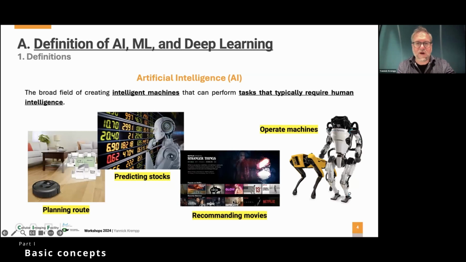We can think of AI with intelligent appliances, recommendation engines, stock market predictions, and all kinds of machines that are operated by some kind of intelligence. But what is actually AI? In layman's terms, it's just a technology that produces machines that are trying to mimic what a human would do, basically doing human-made tasks.